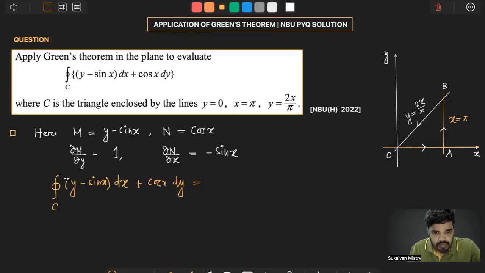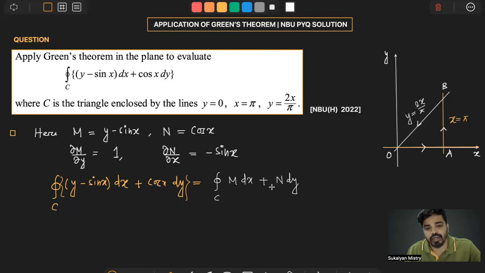So this is M dx plus N dy. Now apply Green's theorem. Just apply this formula: the integration over C of M dx plus N dy is equal to the double integration over R of del N del x minus del M del y.